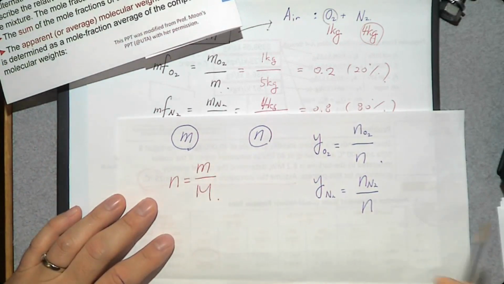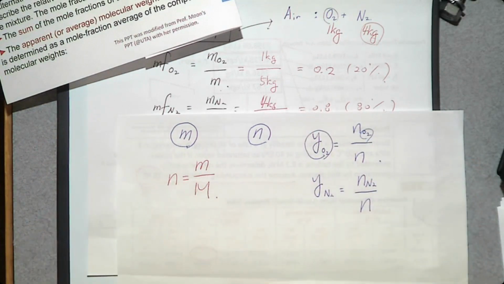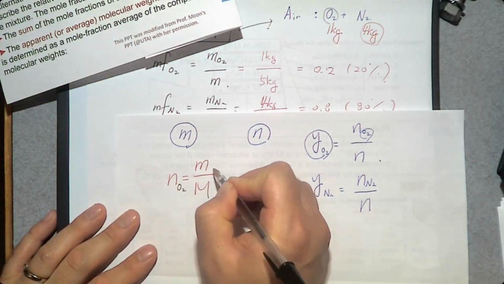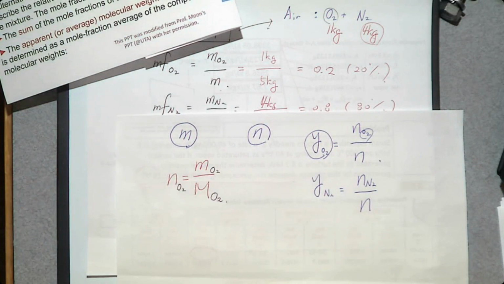So if you want to determine the mole fraction of oxygen, you need to determine the number of moles of oxygen first. So let's do that. N of O2 is going to be the mass of O2 over the molecular weight of oxygen. So what is the mass of oxygen? 1 kilogram.